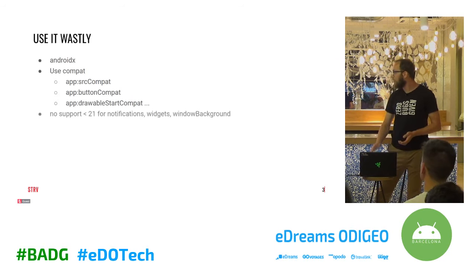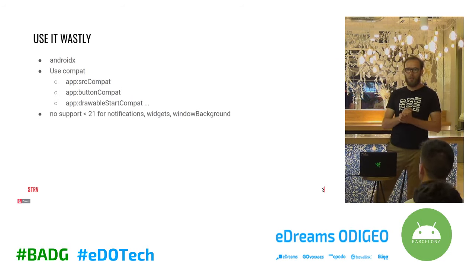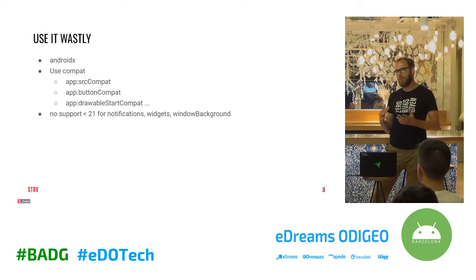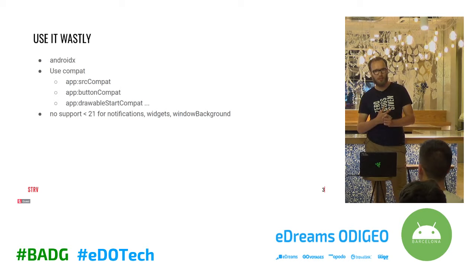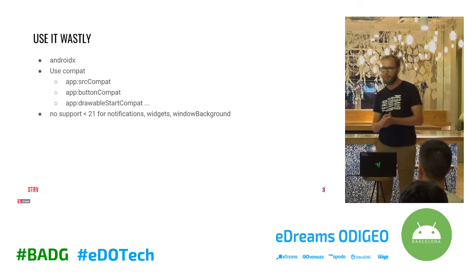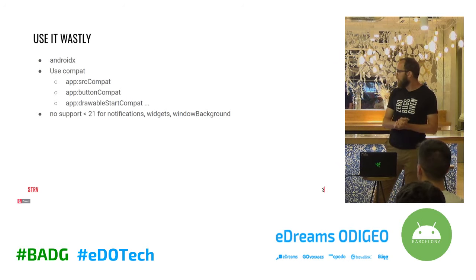Another thing to keep in mind is that for pre-Lollipop devices, Vector Drawables can't be used for notifications, widgets, window background, and some other small but important parts, where it's not supported even with the support library.